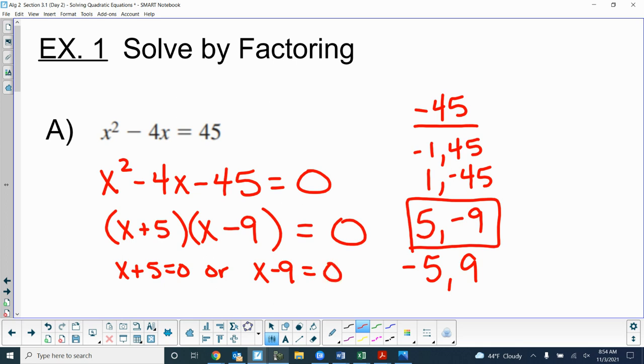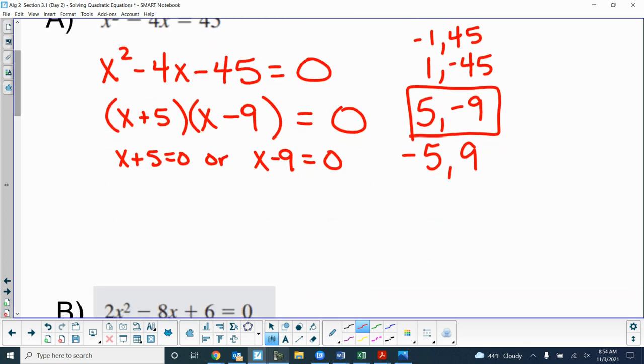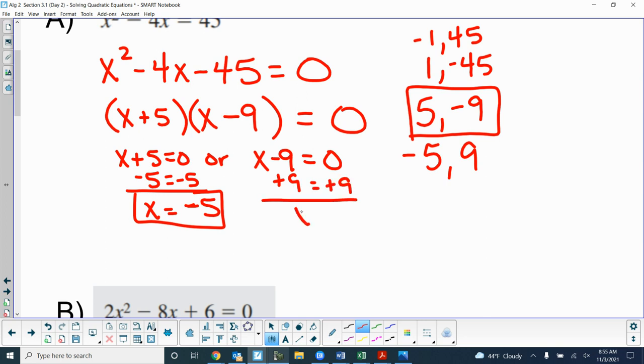So we solve those two little equations to get our roots, our answers. I have to subtract 5 to get x by itself here. So one of my answers is negative 5. And I have to add 9 here. So my other answer is 9.